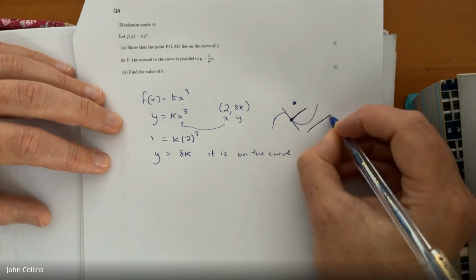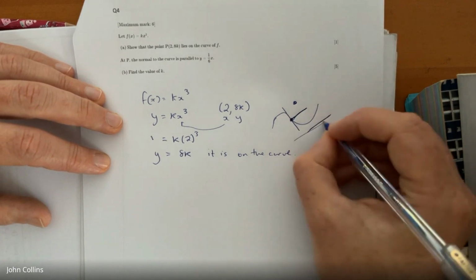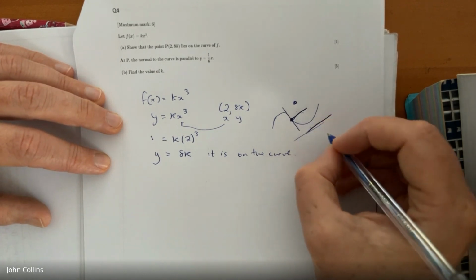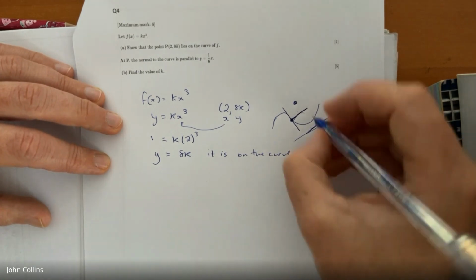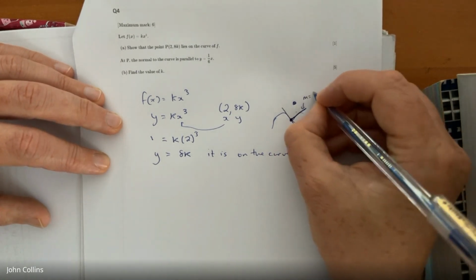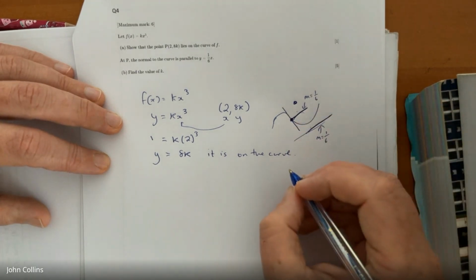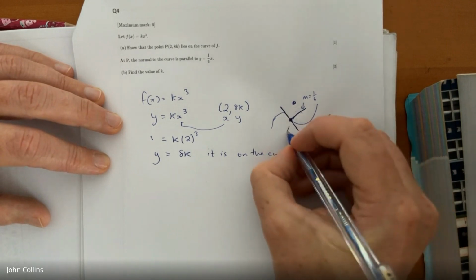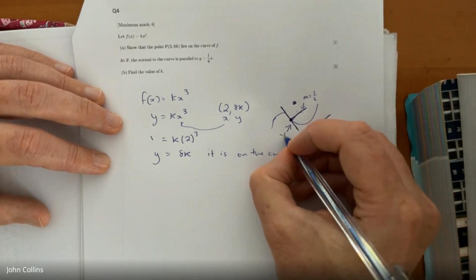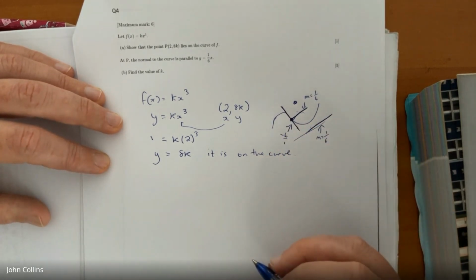This one. Let's just say it's over here. Those two are parallel. So the gradient of this one is 1/6, which means if they're parallel, the gradient of this one is 1/6. So what's the gradient of the tangent? We have to work back to find the gradient of the tangent. The gradient of the tangent then is minus 6 over 1, the opposite one.